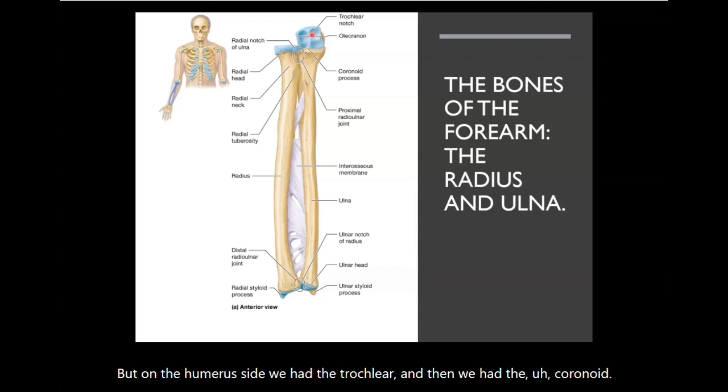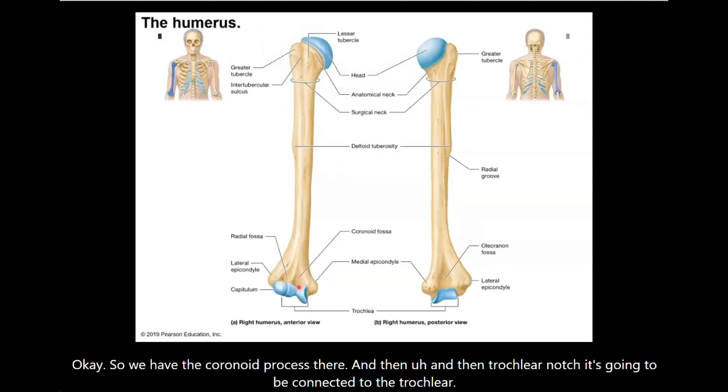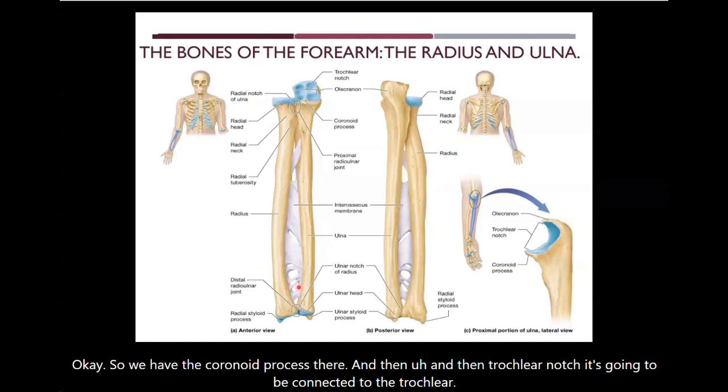But on the humerus side, we had the trochlea, and then we had the coronoid fossa. Do you remember the coronoid fossa, right? And then do you see the coronoid process here? I'm not sure if we covered this. Do you see the coronoid process here, right? Because what did we have up here? Coronoid fossa, okay? So we have the coronoid process there.